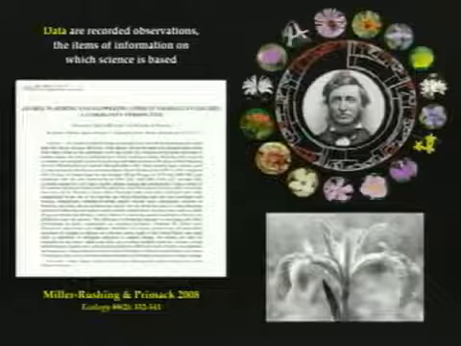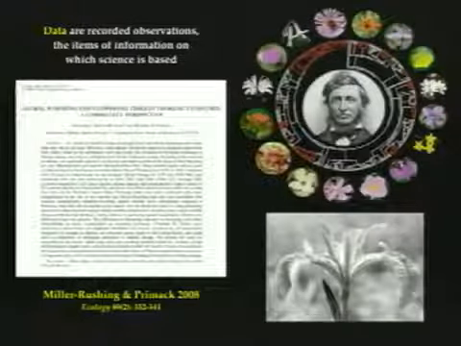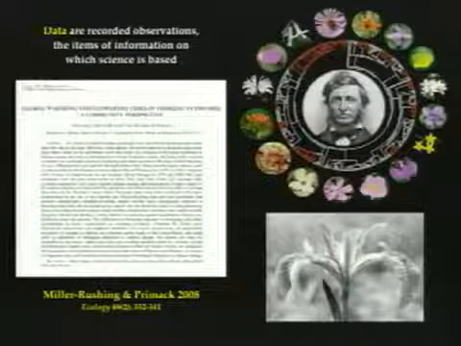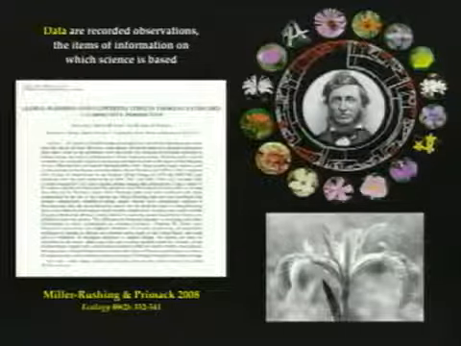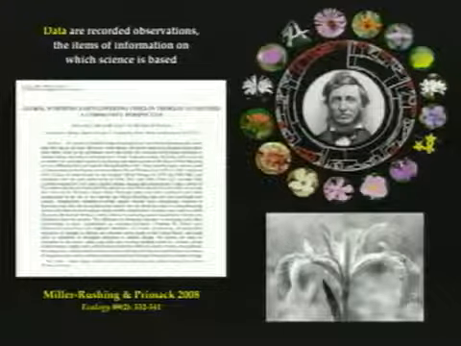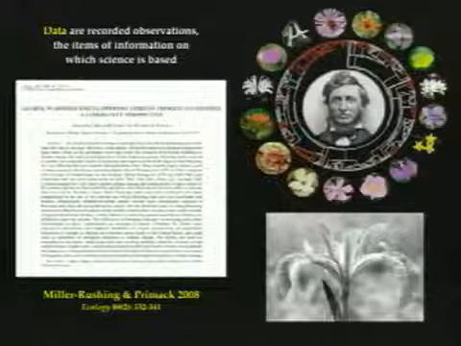Thoreau was interested in all natural phenomena, but plants, he was a very good botanist. He was a very keen observer of plants. He would follow plants across the seasons.